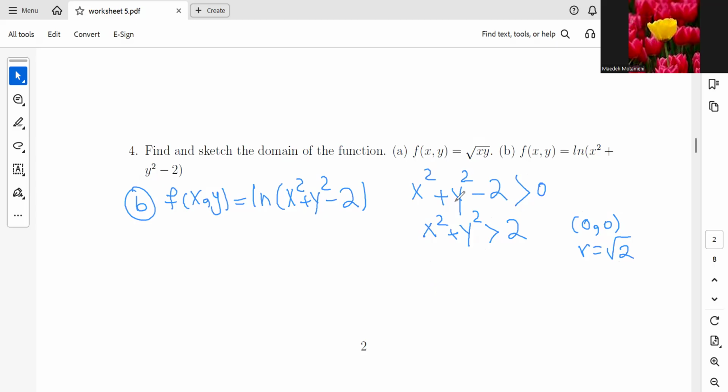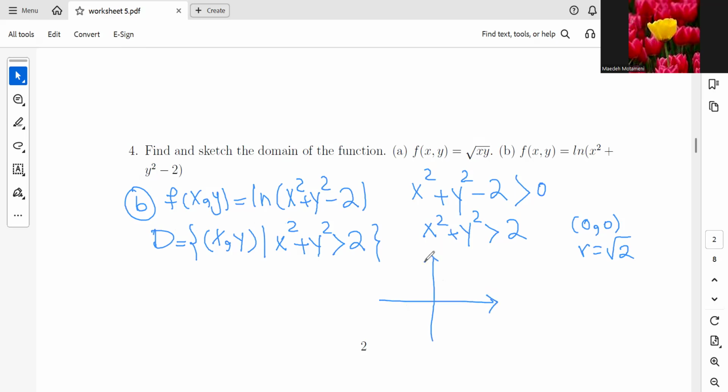But which part of this circle is accepted? We would say that the domain here is all pairs that if you square the first component plus the second component, the answer would be more than 2. This is the way that we write the domain. But what are these? These are the outside of the circle.